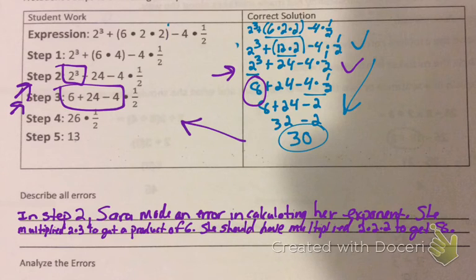Okay, she also made another error. In step 3, she added and subtracted before multiplying.